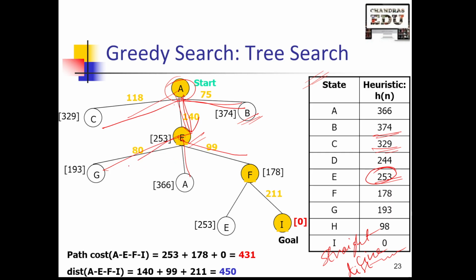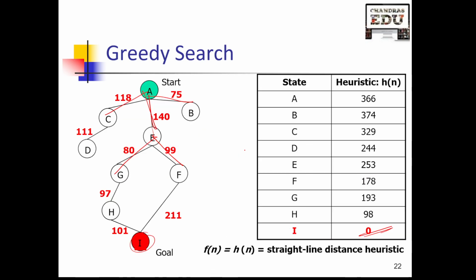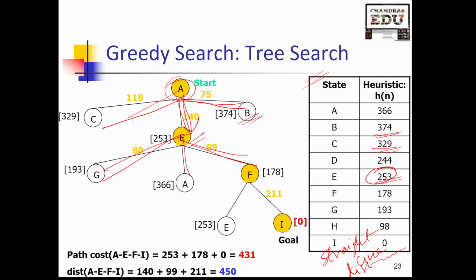So path to G, path to F, and it can even go back to A as well, so the three paths are given.